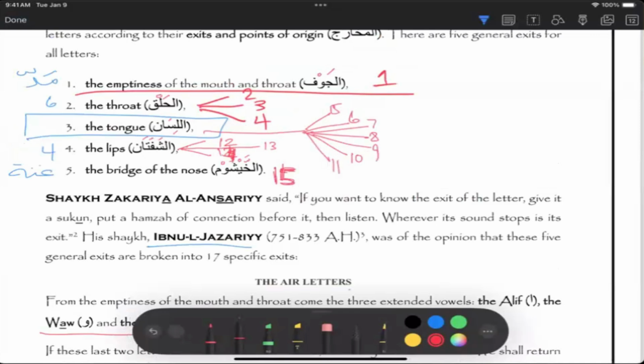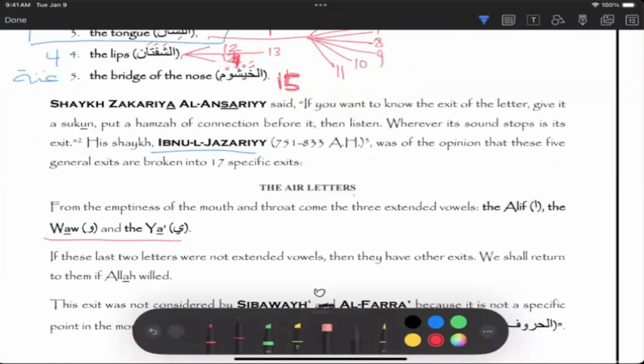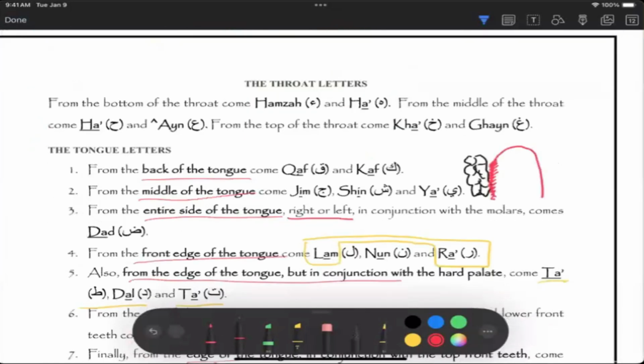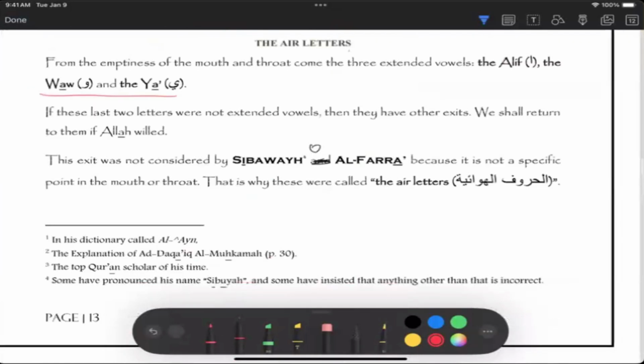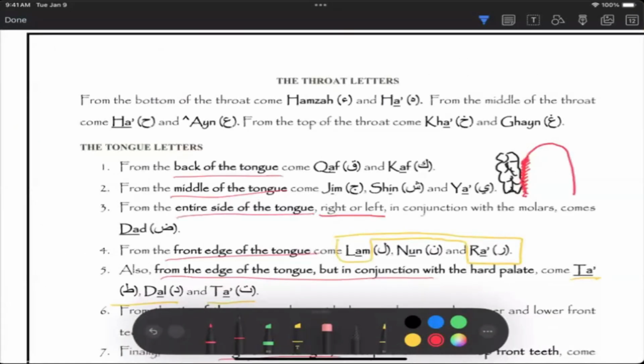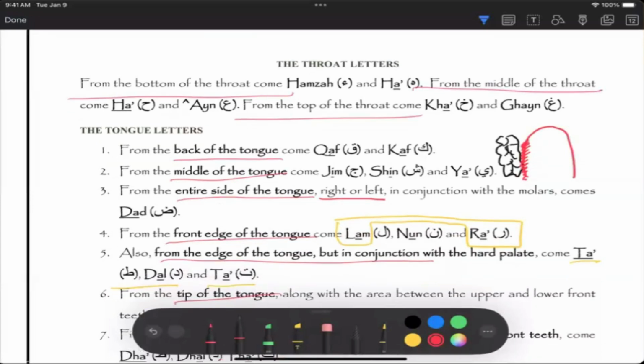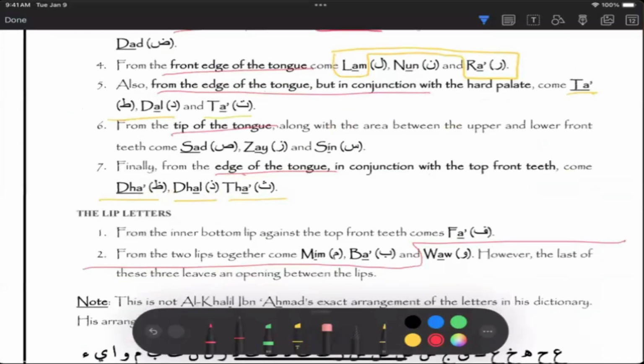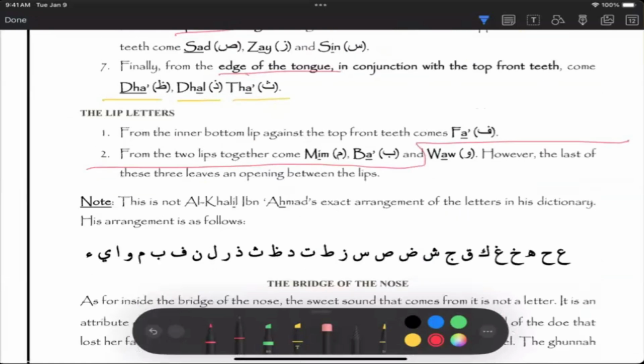So one more thing here. Let me see. The air letters, that's 1. And we have here 2, 3, 4, 5, 6, 7, 8, 9, 10, 11, 12, 13.